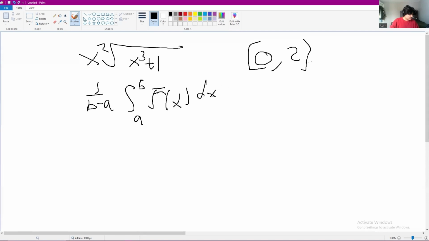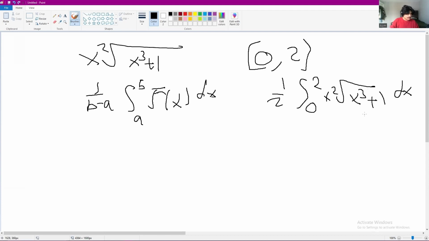So for b, I'm going to plug 2, and for a, I'm going to plug 0. So it's going to be 1/2, integral from 0 to 2 of x squared times the square root of x cubed plus 1 dx.